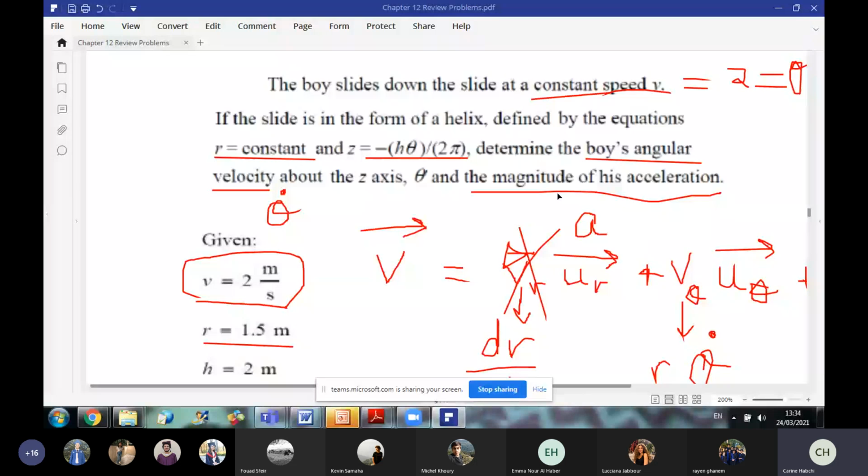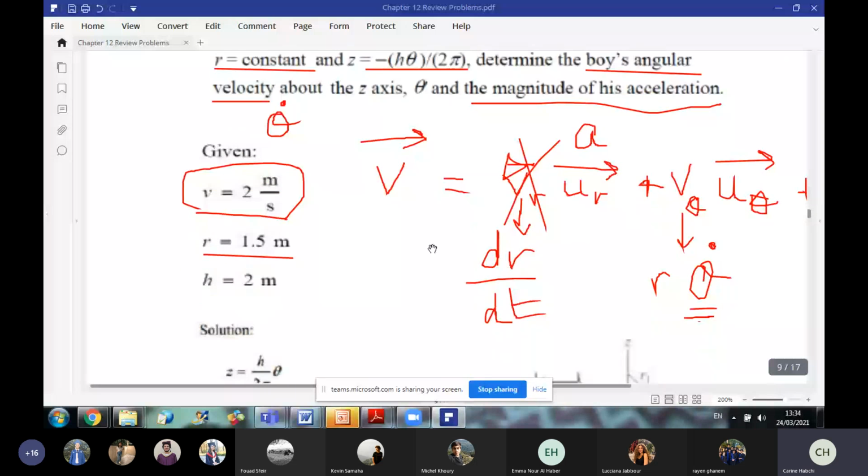Look, whenever you have cylindrical coordinates, the first step is to say that A will be divided into AR, A theta, and AZ. So to calculate the magnitude of A, you should find AR, A theta, and AZ. Then you should do the square root of AR squared plus A theta squared plus AZ squared. So let us start step by step.